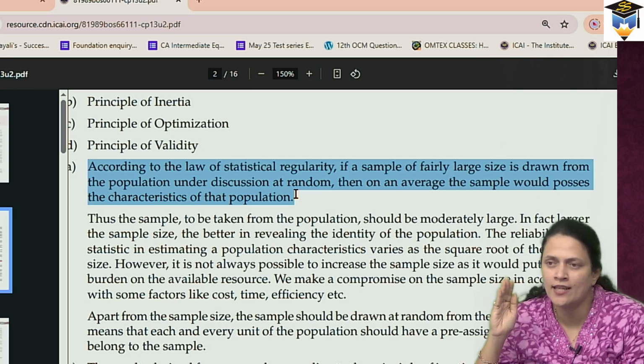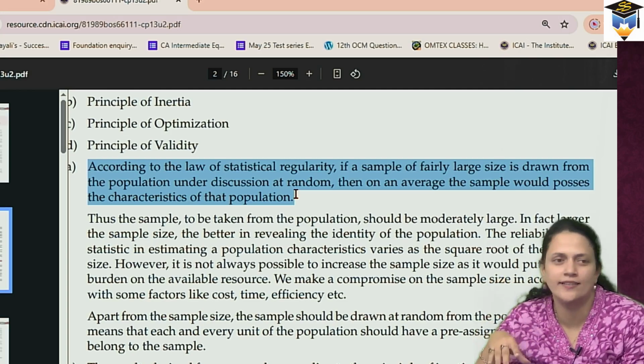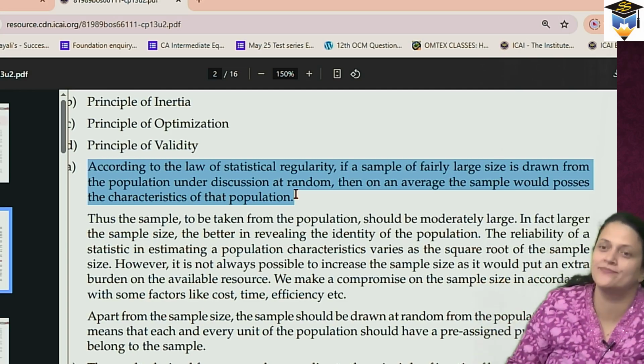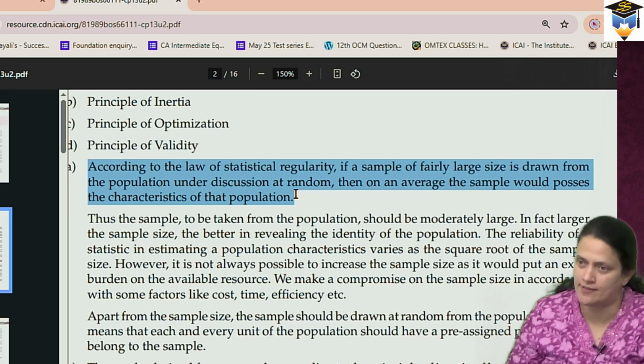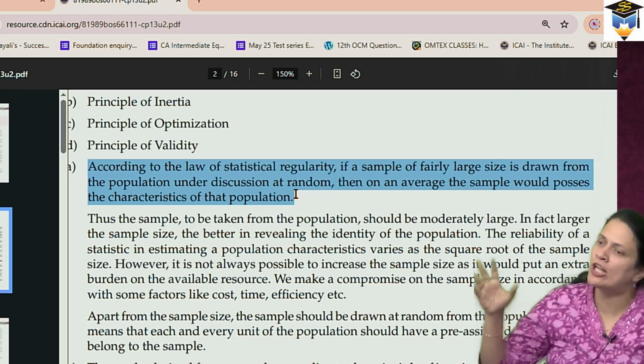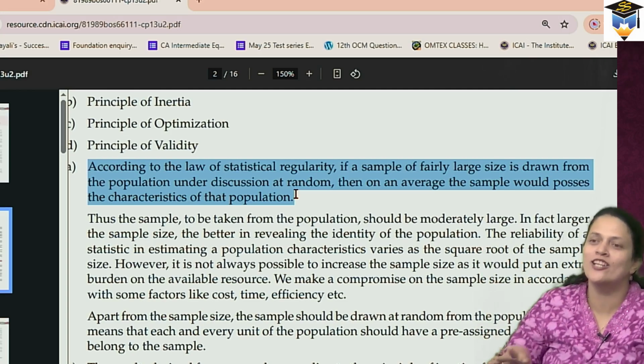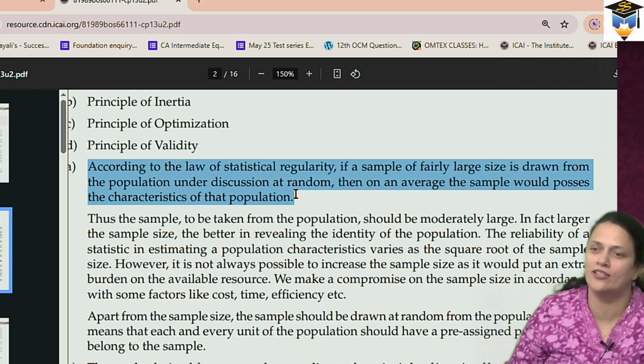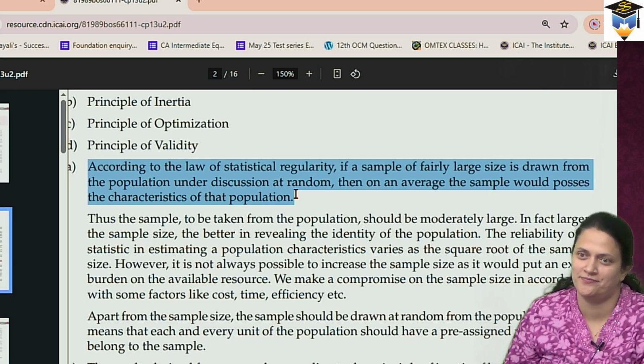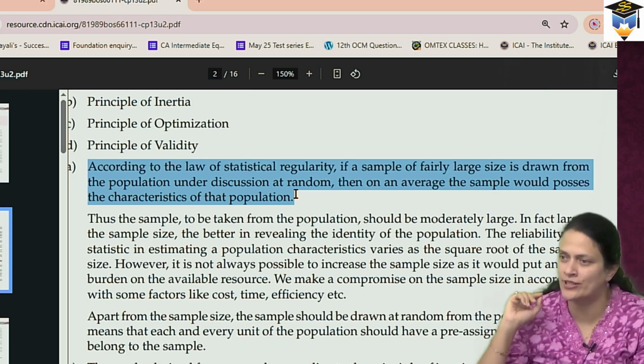So basically, suppose this is the Bajirao Road area. We have made 4 samples, and the samples are fairly large. Now, what is the general characteristic of people living over here? Maximum number of students are there.